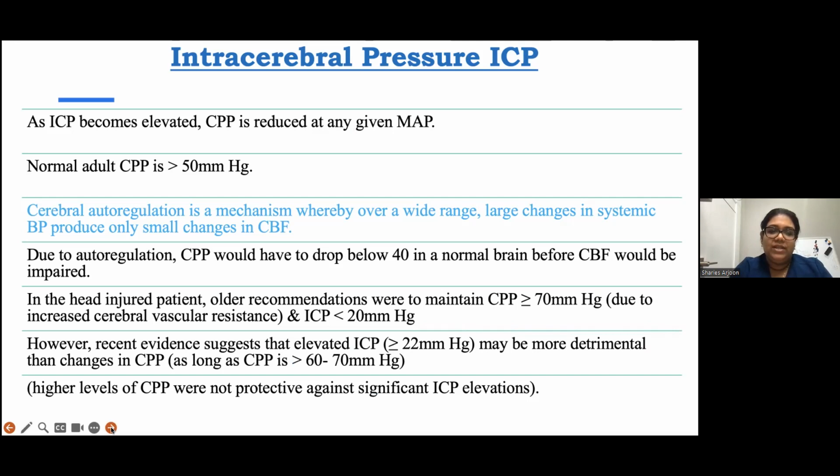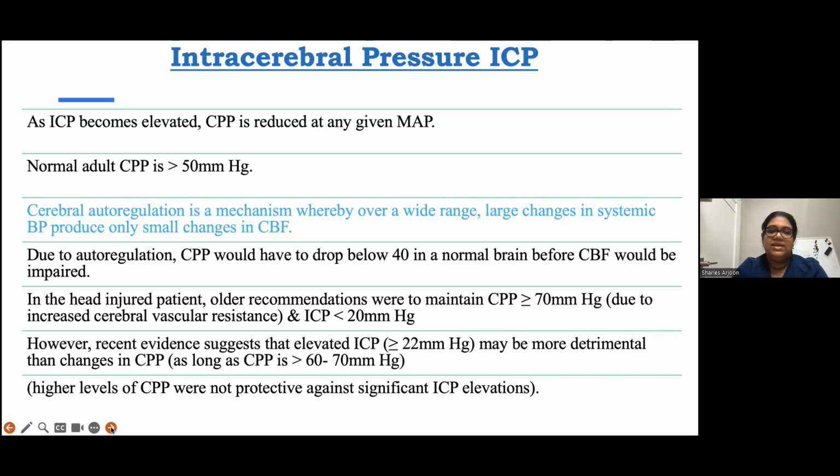Due to autoregulation, cerebral perfusion pressure would have to drop below 40 in a normal brain before the cerebral blood flow would be impaired. And in head injury patients, the recommendations were to maintain a CPP greater than or equal to 70 millimeters mercury due to increased cerebral vascular resistance and an ICP less than 20 millimeters mercury.